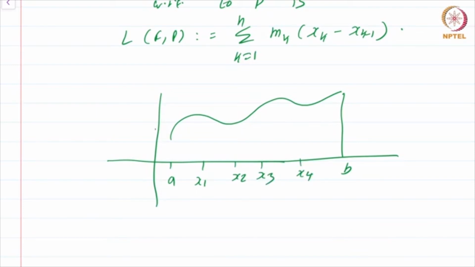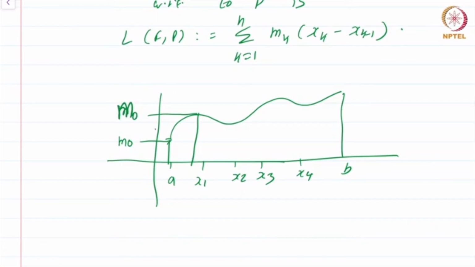Of course, x0 is a. In each one of these intervals, you are noting down which is the minimum point and which is the maximum point. So for instance, this value is capital M0.